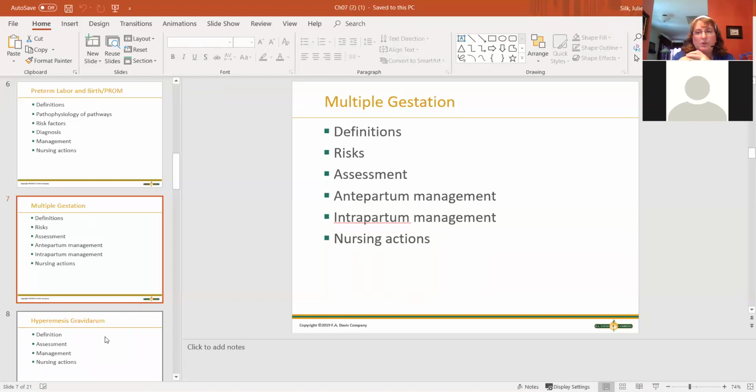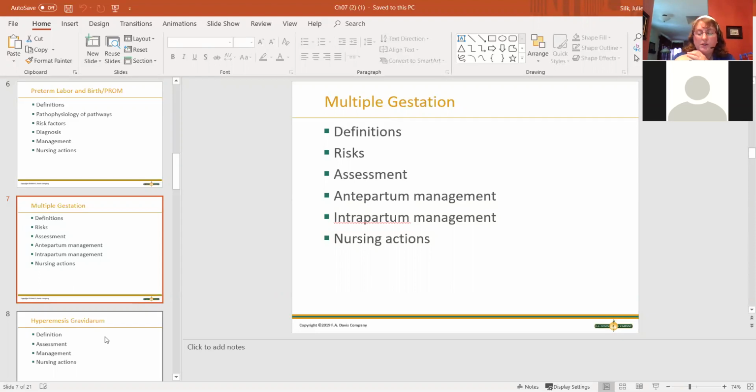In the chapter, it was also saying that there's an increase in multiple gestations because there's a shift towards older maternal age now. And then we also have a lot of new technologies, like increased use of assisted reproductive technologies. So, in vitro fertilization and all of these different things that we do. And sometimes that will result in multiples.